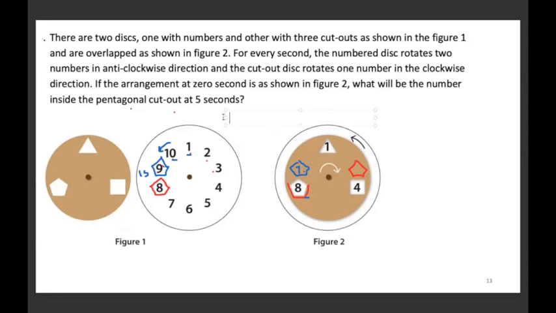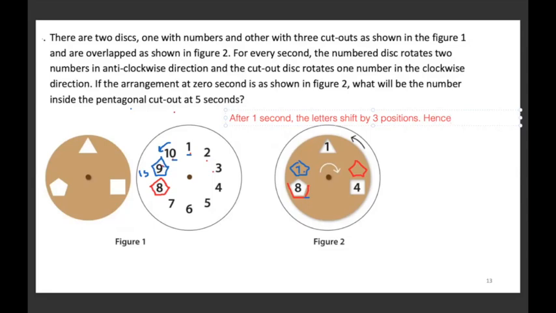So what we see is, after 1 second, the letters shift by 3 positions.